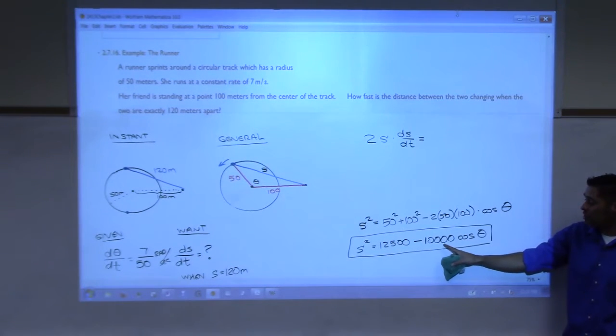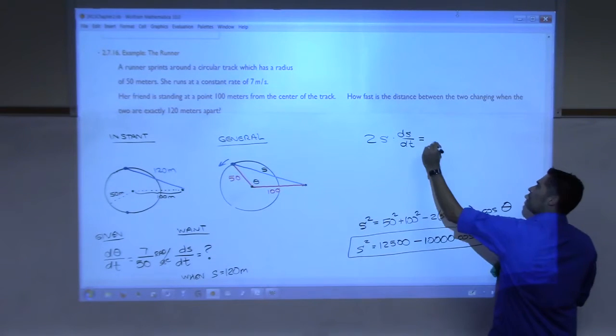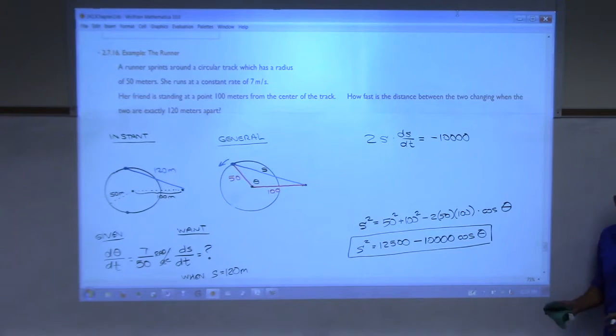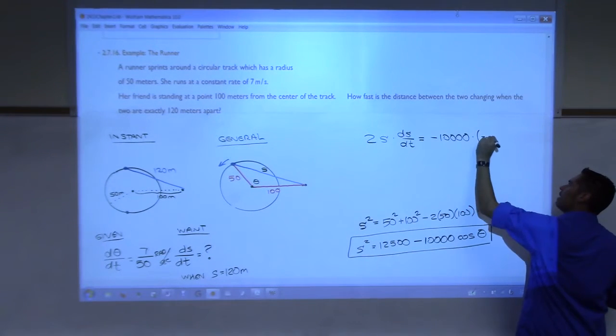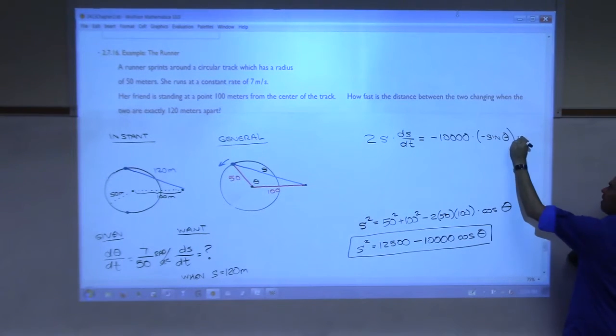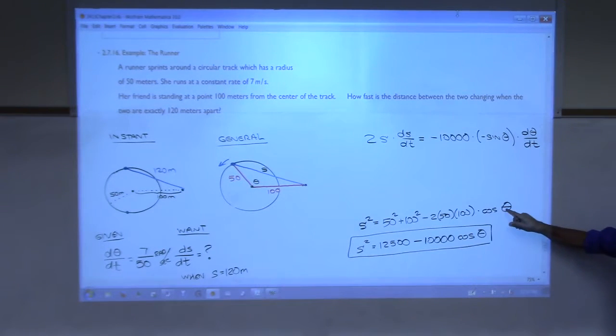Constant attached to a function, so it's going to come negative 10,000. Derivative of cosine of something is negative sine of the something, times d theta/dt. Must take the derivative of what's inside the trig function.